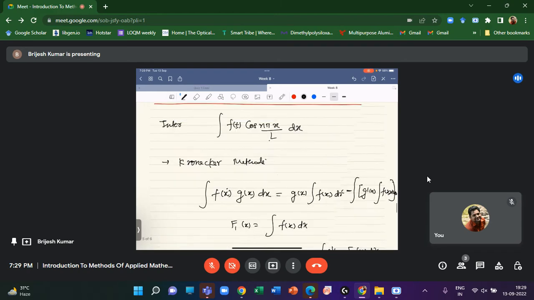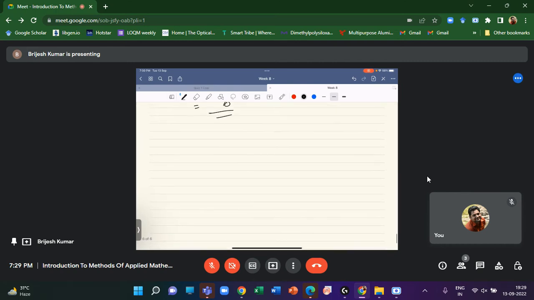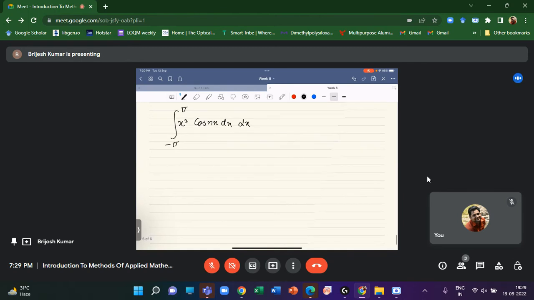This is only the first polynomial. Like if you want x square cos nx dx integrated from minus pi to pi, you can easily get it.